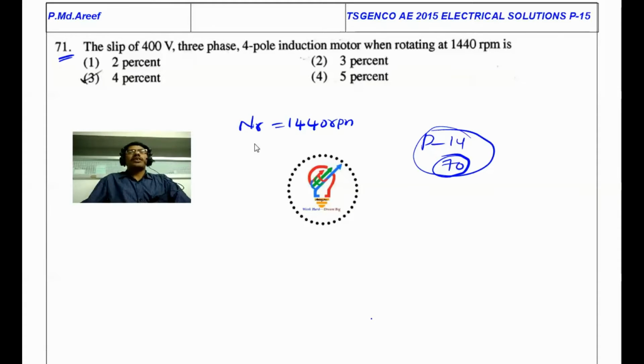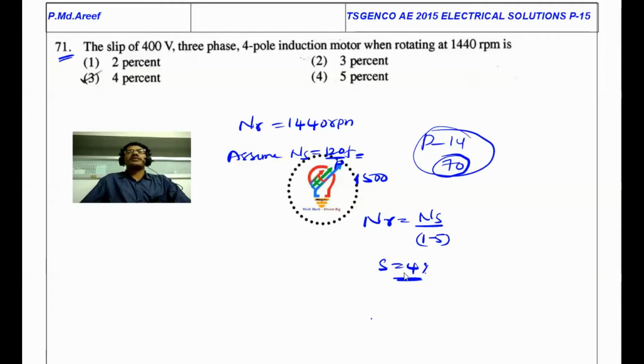What is the slip here? Assume Ns is equal to 120 f by p, which is nothing but 1500 rpm, and substitute this value in Nr is equal to Ns times (1 minus s). You will get s is equal to 4%. It is just the other way of asking the same question which we discussed earlier.